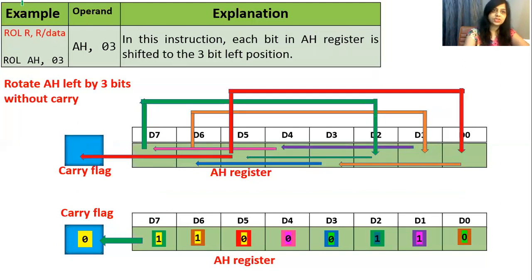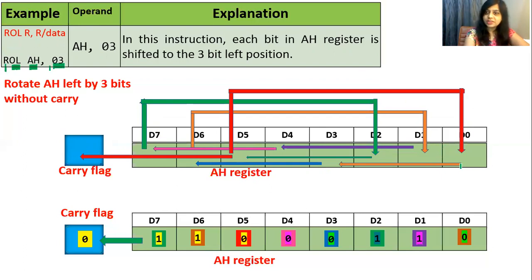Now the next instruction is the same, says rotate contents of AH register towards left, but now by 3 bit position. Here it is 3. So it will rotate the contents of AH register towards left by 3 bit position.